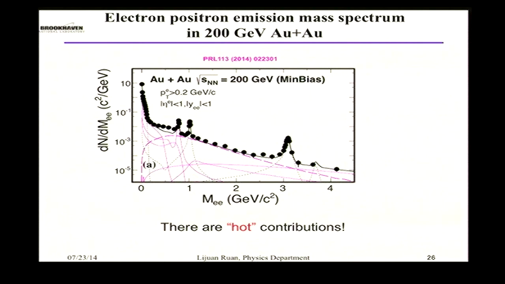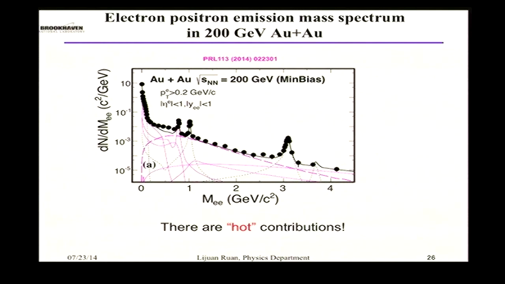Any extra contribution will represent the hot dense medium contribution. This shows you the results from our top energy, 200 GeV gold-gold collisions. The data are represented by the circles. The solid curve, again, is from the dilute and empty space without any hot dense medium contribution. The different components are shown by different curves here, but you do not have to worry about that.